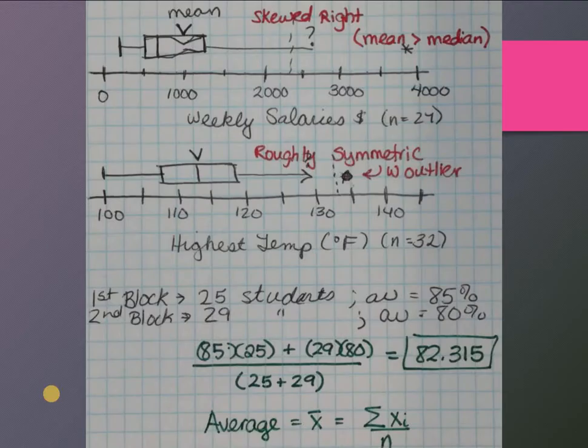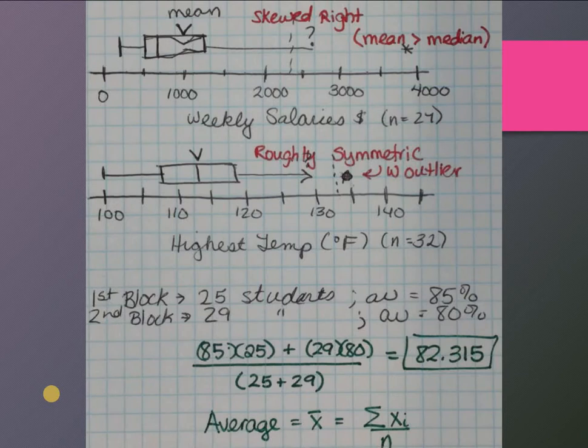And for the very last problem on that page, this is one that a lot of people get mixed up on. They said first block had 25 students with an average of 85%. Second block had 29 students and an average of 80%. The overall average is found by taking the sum of each of the individuals and dividing by the total number of individuals. So this 85 was taken by dividing some number by 25.